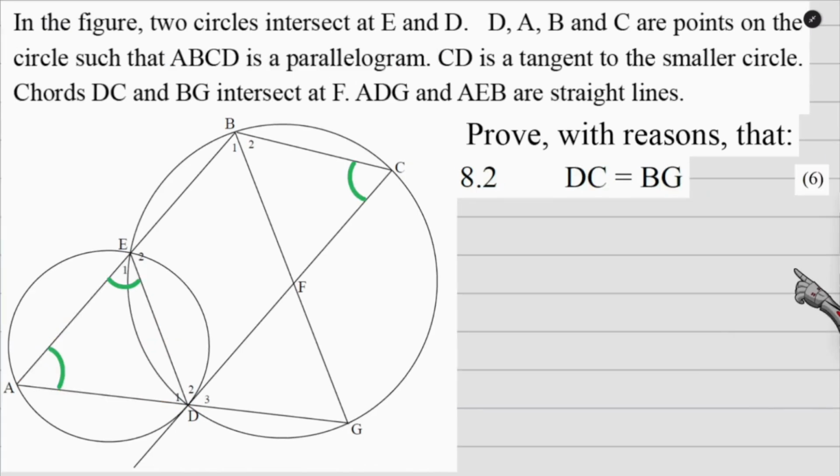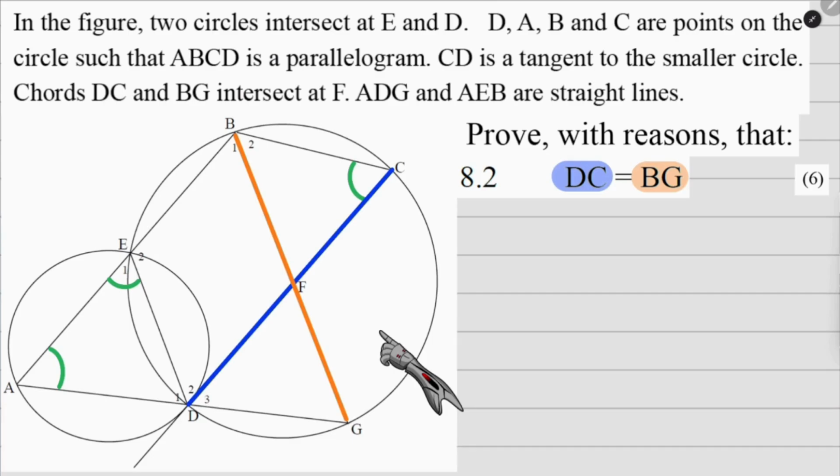In question 8.2, we're going to need to prove that DC is equal to BG. So let's get that marked off a little bit more clearly. I need to prove that these two lines are equal in length. And we're going to start off by looking at DC. Now, if you remember, DC is actually part of a parallelogram.